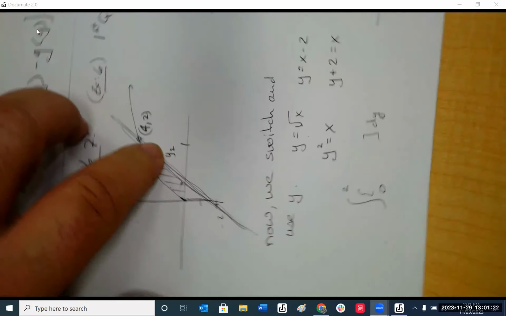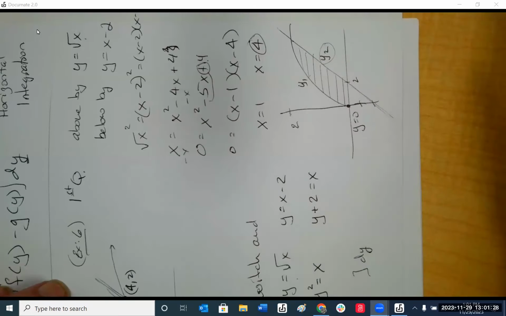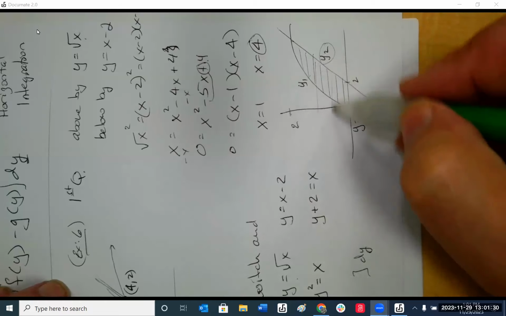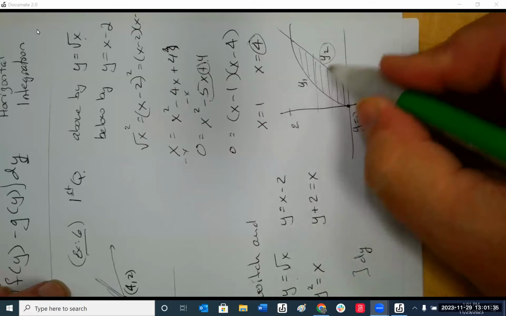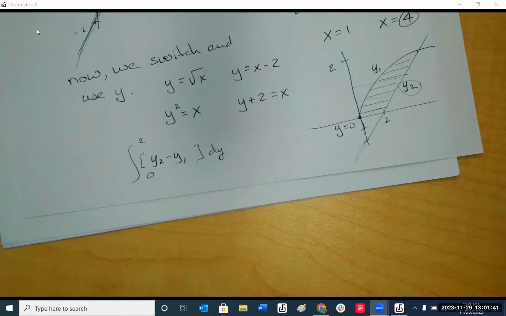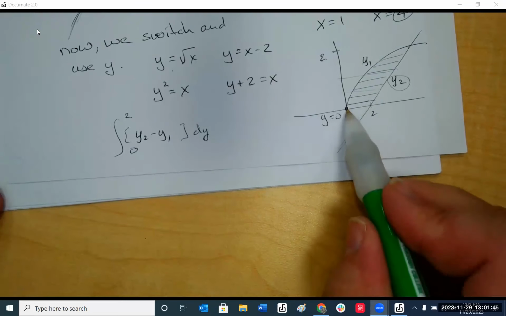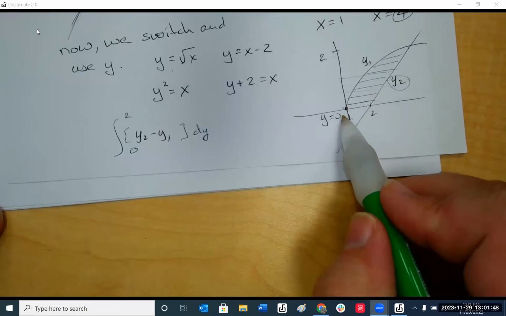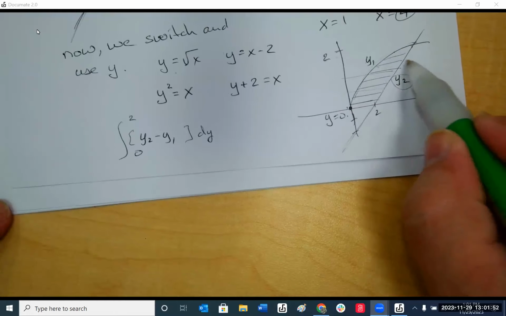Remember, we're looking at it this way now. So y2 is on top, and we have to take y2 minus y1. Do you always have to swap it like that? Yes, because not only do we change the x and the bounds of integration, but now instead of the top one being top over here, it's now the bottom one.